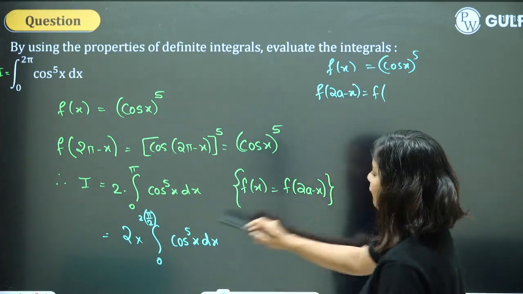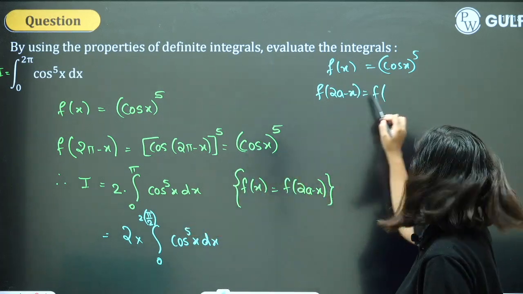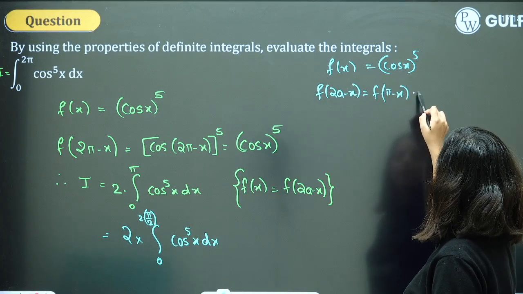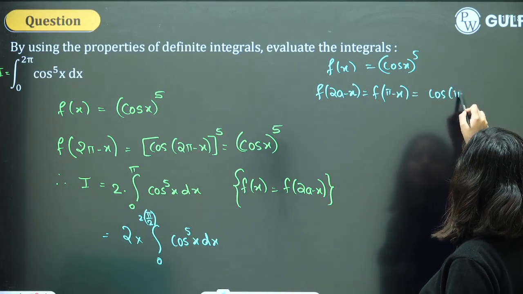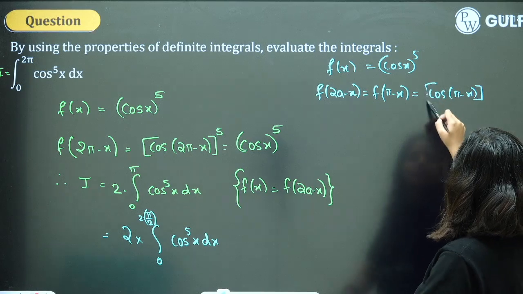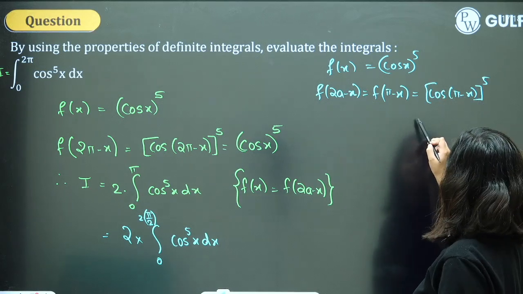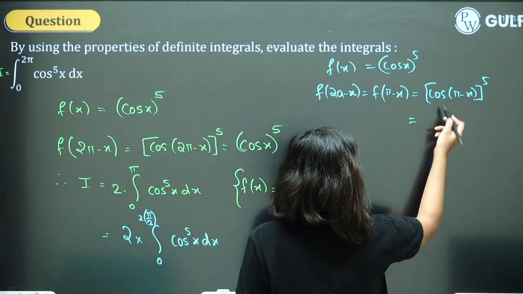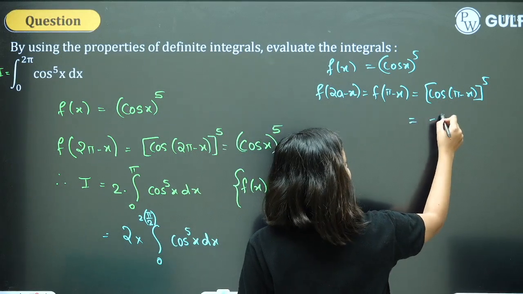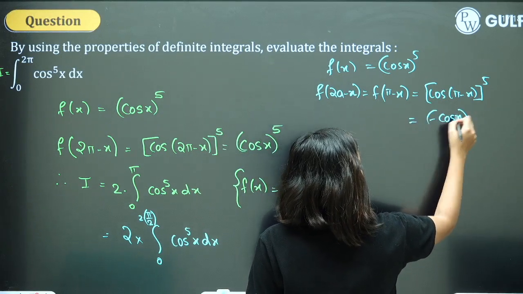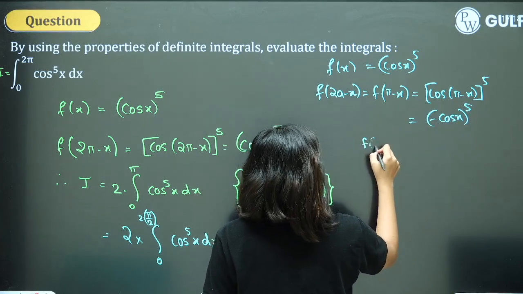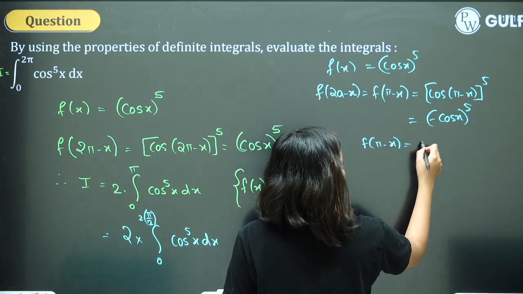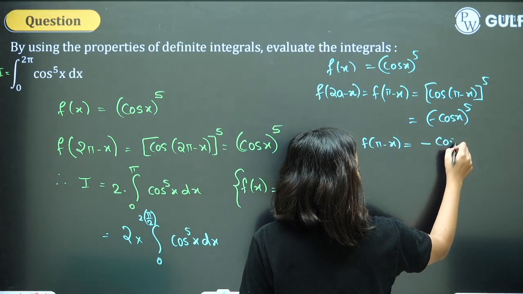The value of 2a is 2 into pi by 2, that's pi. f of pi minus x is cos of pi minus x the whole raised to 5, that's equal to minus cos x the whole raised to 5.